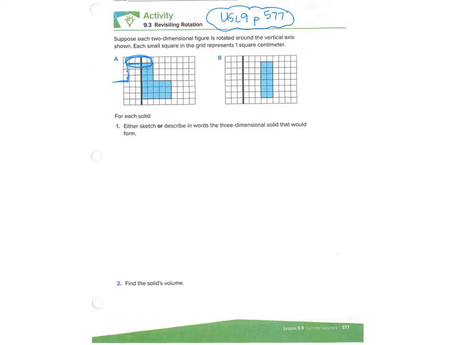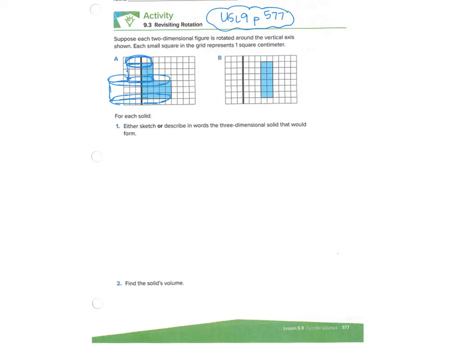So I'm creating a smaller cylinder on top as it flips around, and I'm creating another cylinder on the bottom. This cylinder is made because the bottom rectangle is wider than the one on top. So it's almost like a cake. It's a stack of two layers, the top layer being a little bit smaller.